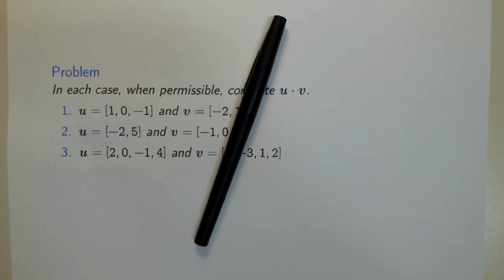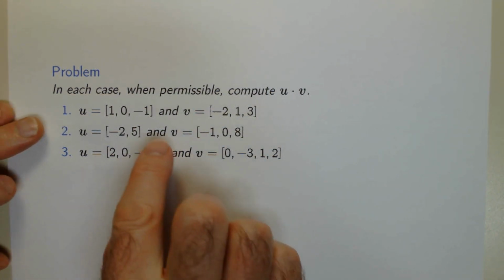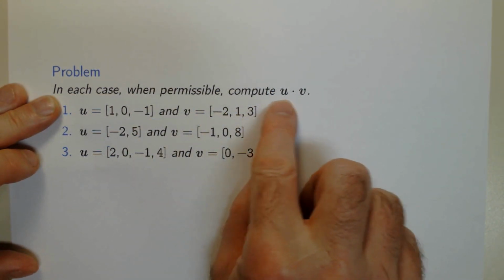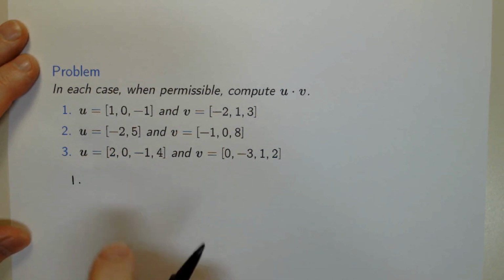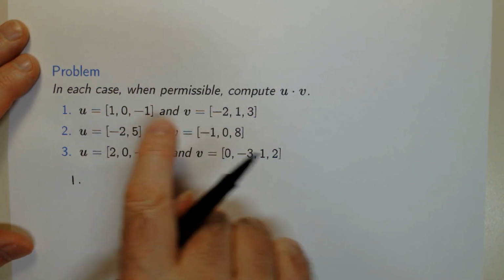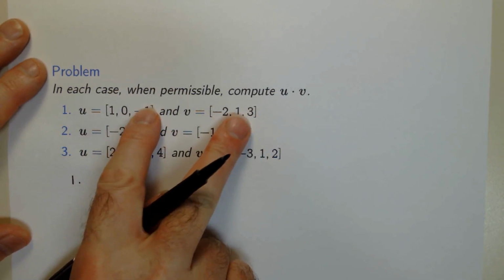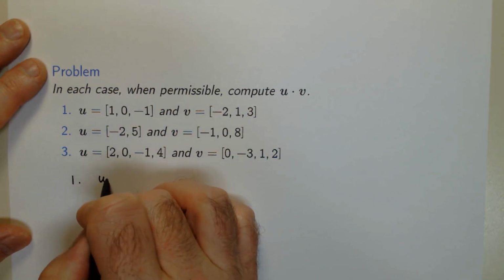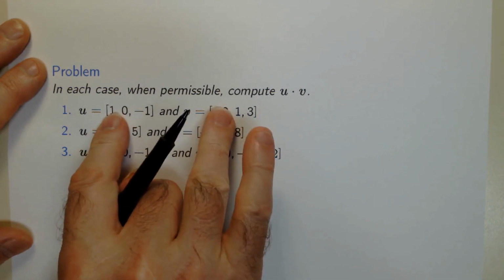All right, welcome back to the document camera. Let's work out the details for 1, 2, and 3 in this problem, and let's remind ourselves what we're doing. In each case, when permissible, compute the dot product of u and v. So let's take a look at problem 1. We see in problem 1 here, u is a vector in R3, v is another vector in R3. That's compatible. And the dot product is going to be what? What I get when I do component-wise multiplication.